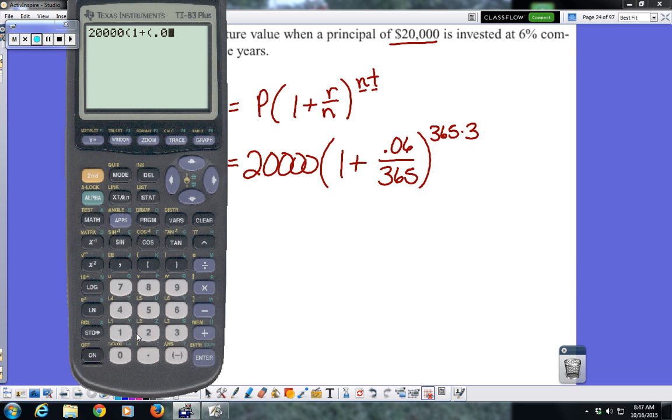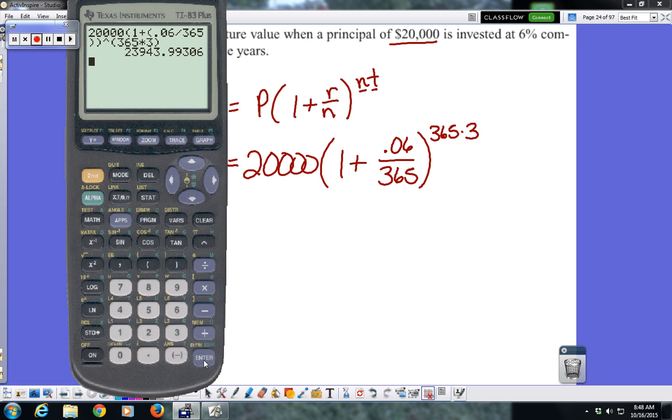You don't have to, but I'm just OCD about stuff like that. 0.06 over 365, close parentheses, raised to the, put parentheses around this as well, 365 times 3 power. Your $20,000 is now turned into $23,943.99. So you see that you've earned about $3,900 in interest.